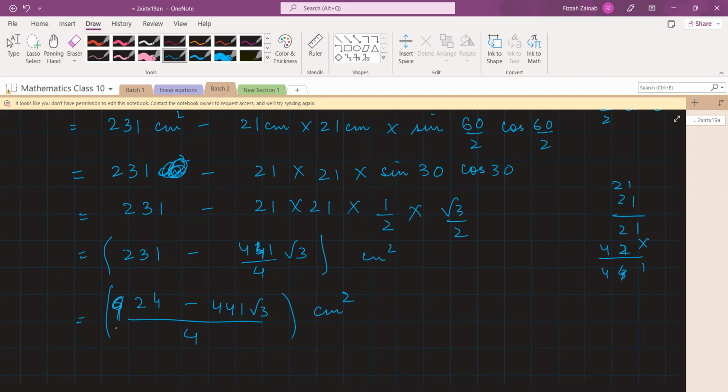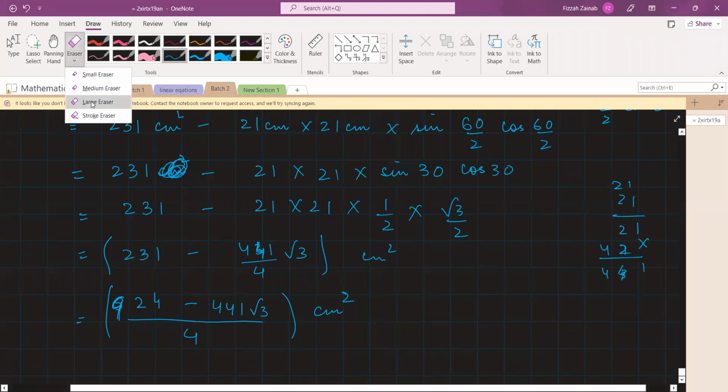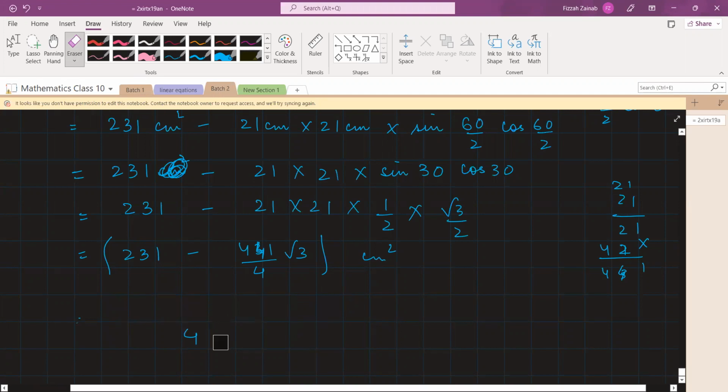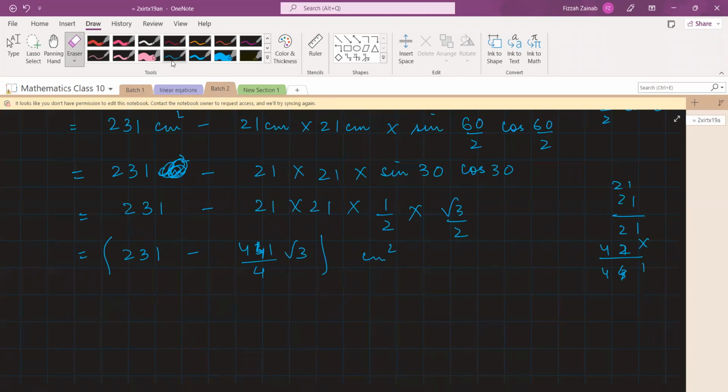So you will get it after putting the value of root 3. Okay, ma'am, it's given this one only. So in that case, I think before, we didn't take the LCM, so no need of taking the LCM then. If you want the answer in decimal, then directly put the value of root 3.